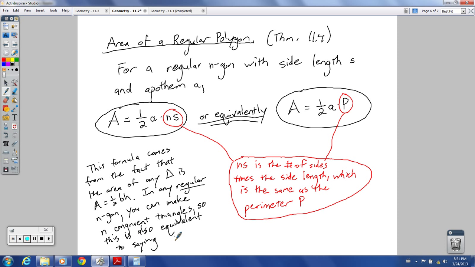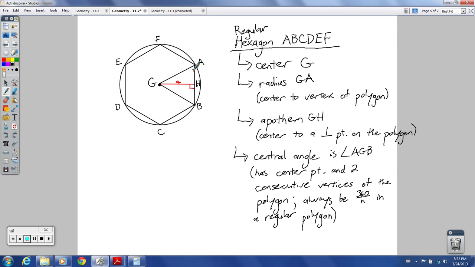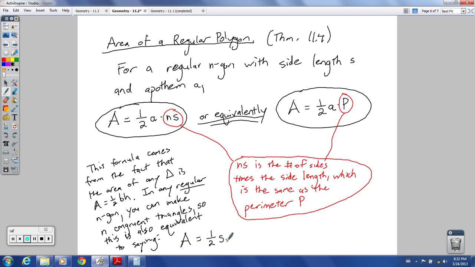to saying, one other way we could think of it is that the area is equal to 1/2 times the base times the height, the side length times the apothem, because the side length is the base. We go back to this, the side length right here, the s would be the base of this triangle and the height would be a. And so we'd have 1/2 s times a times n.